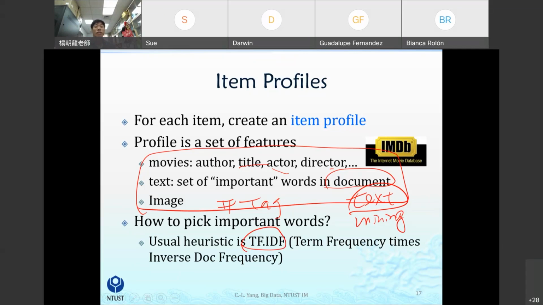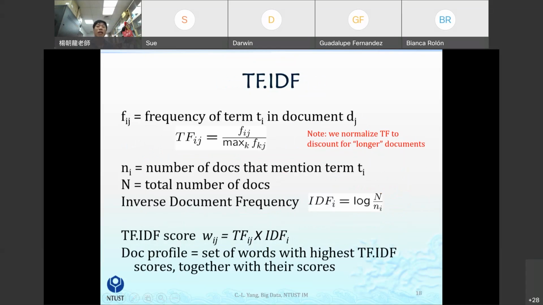It's one of the techniques we call term frequency times inverse document frequency. I want to give you a short introduction. It basically comes in two parts, TF and IDF. So what is TF? It's the frequency of item TI in the document DJ.